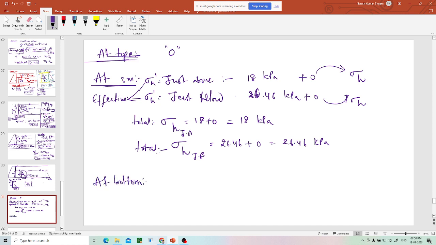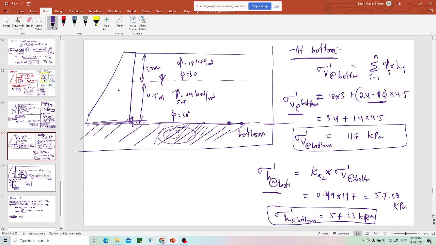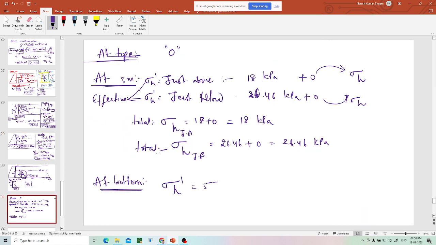Now at the bottom there is only one value. That value, sigma h dash, we calculated as 57.33 kPa. But what is total sigma h? 57.33 kPa plus 45 pore water pressure.